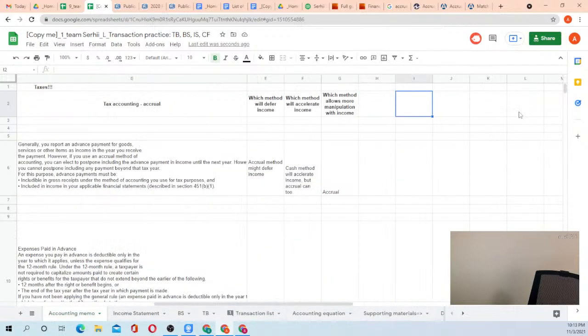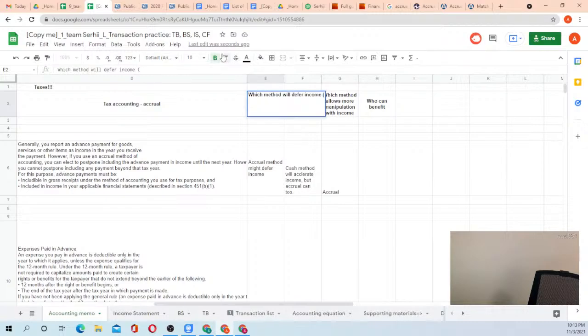Let's also add who can benefit. Let's try to find out some practical implication. So which method will defer income? With which method can we defer income and income tax payment, respectively?